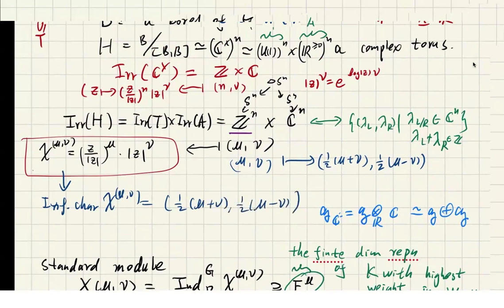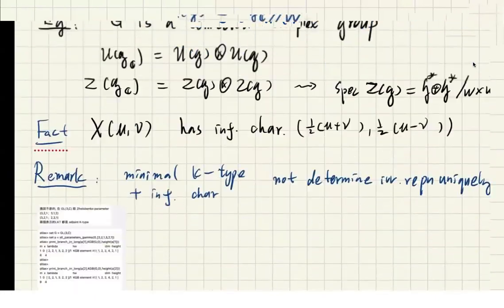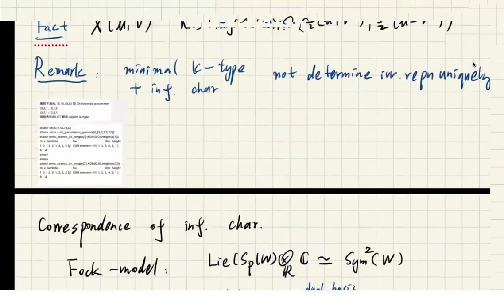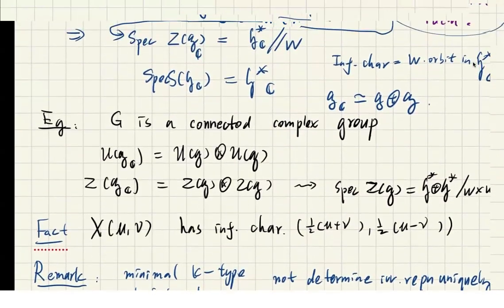Okay, so I'm cheating a little bit, but let's assume this one. The normalized induction is not an irreducible representation in general, but the center still acts by scalar, so the scalar is determined by this one. Okay, so anyway, the message is that from chi mu nu, you know the infinitesimal character.